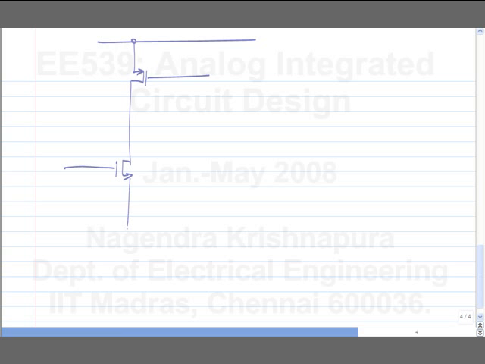This is the common mode equivalent circuit, just to remind you. So, what do I do now? Give me one possible solution. Okay, I measure this voltage.